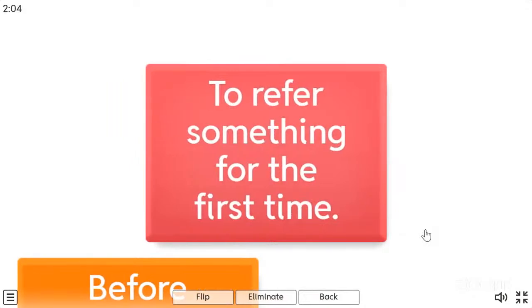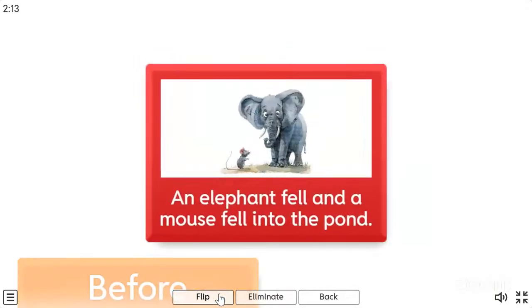When we are referring to something for the first time, when we are talking about something we haven't mentioned before, we use the article an. An elephant fell and a mouse fell into the pond. I'm talking about these two animals for the first time. An elephant.